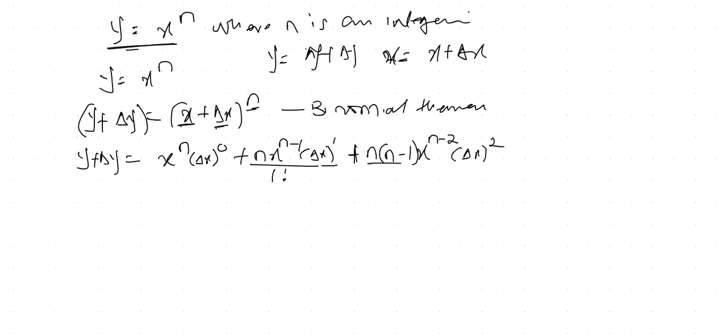It continues like that, and finally the power of x reduces to 0, making it 1, and change in x takes the power of n. So it's change in x raised to the power of n. That would be our final solution.